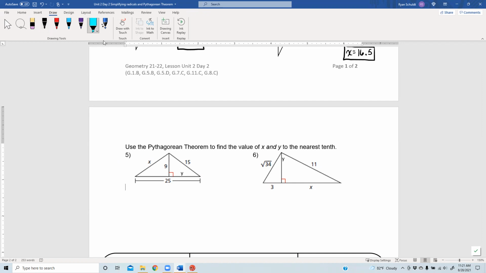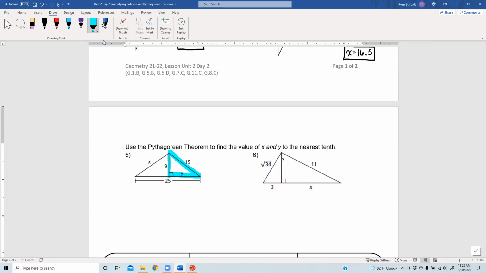Well, what you want to look for first on these is a right triangle that has two sides already found. Well, we've got two options. I can go with the left triangle or the right one. I'm going to go with the right. You're like, well, why? Well, because I know two sides, 9 and 15.